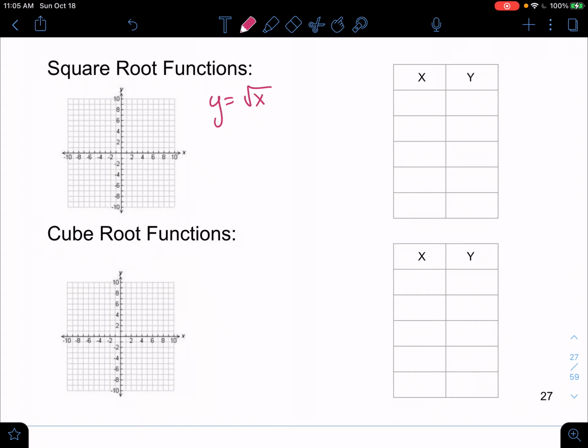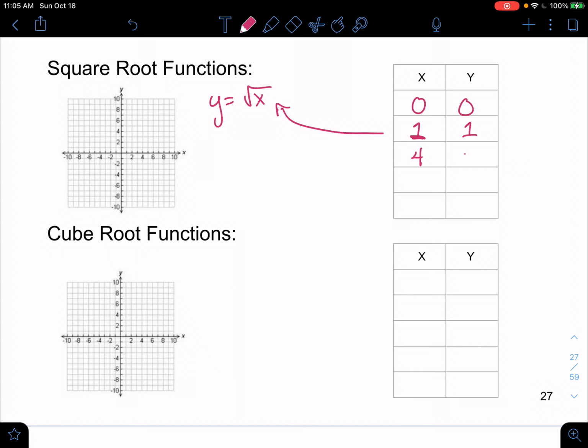The inputs we are going to choose are numbers that we know how to take the square root of. The first one is 0, because the square root of 0 is 0. The second number we are going to plug in is 1, because the square root of 1 is in fact 1. After that, the next nice number that we can take the square root of is 4.